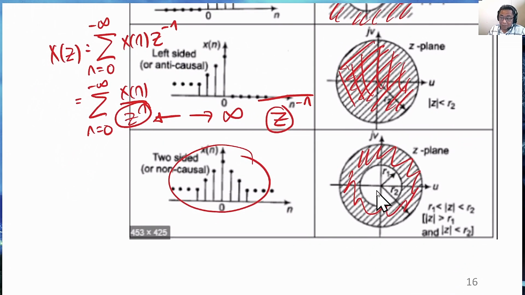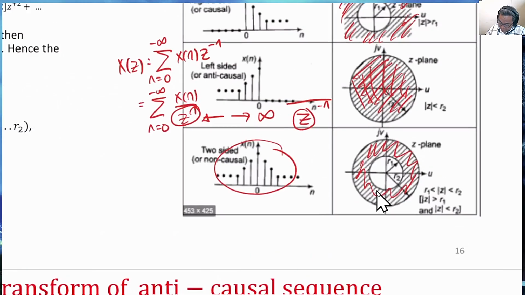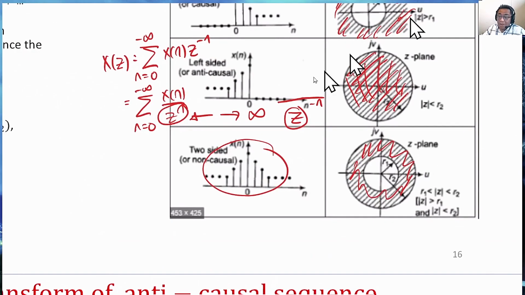That means we have a ring like this. However, please be careful. It is possible that this ring does not exist, there is no shaded region representing a region of convergence. When that happens, we can say that this signal is not Z transformable, does not exist.